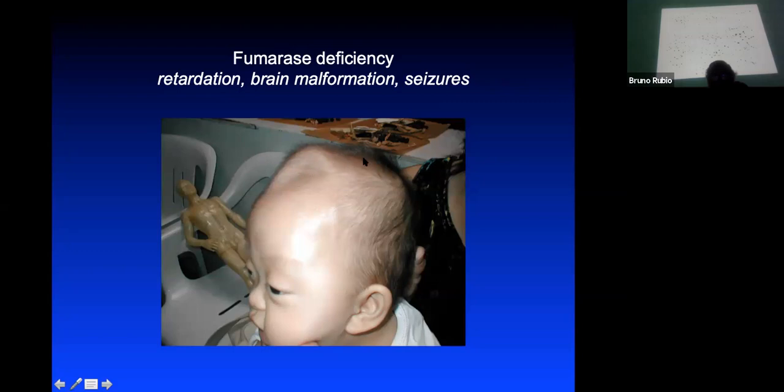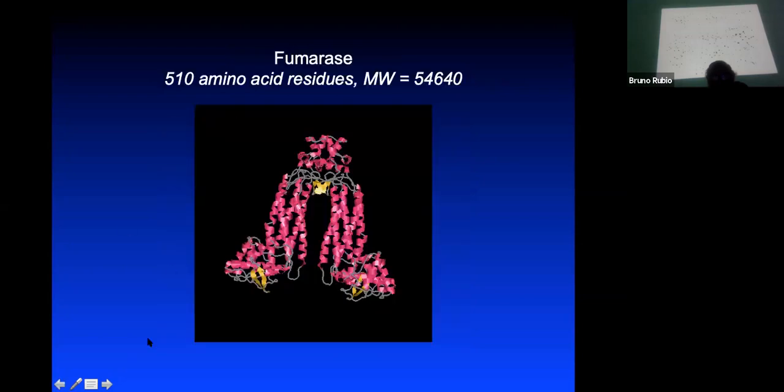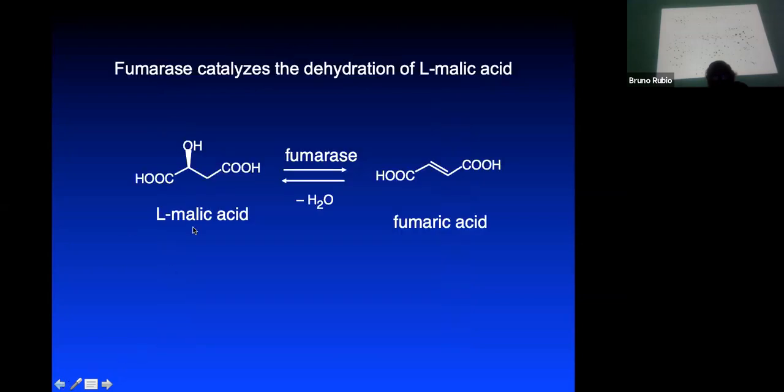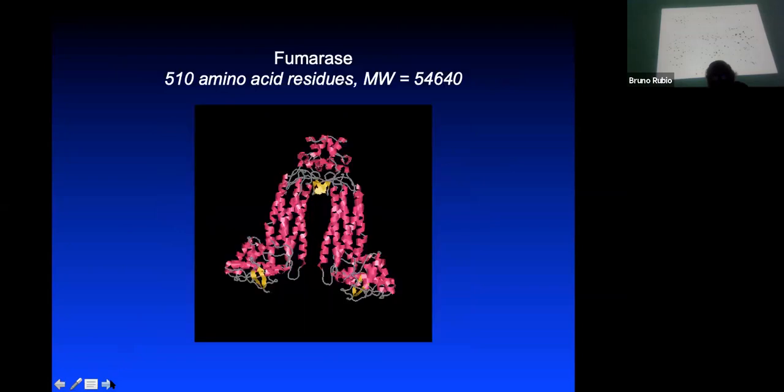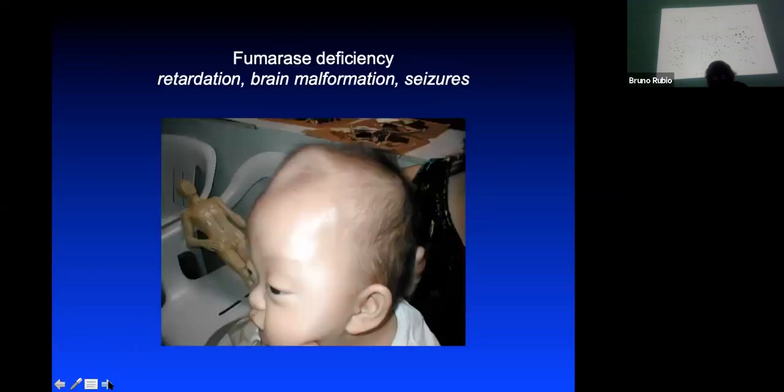That's not supposed to be there. That is a swelling that is caused by water being trapped in the brain. This baby doesn't have that fumarase, so that dehydration of malic acid to fumaric acid can't happen, and that is very bad news.